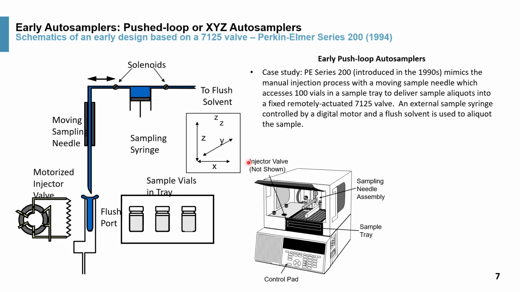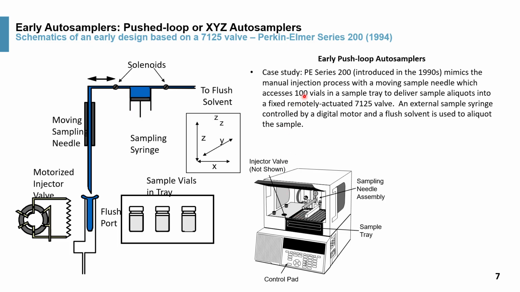So once again, looking at the figure, you have a sampling needle assembly, which connects to a sampling needle by the two drive mechanisms, screw drive mechanisms. You have a stationary injection valve, which can be actuated by either nitrogen pressure or by a solenoid switching valve by contact closure. You have a sample tray. This one is also compatible with a microplate position.